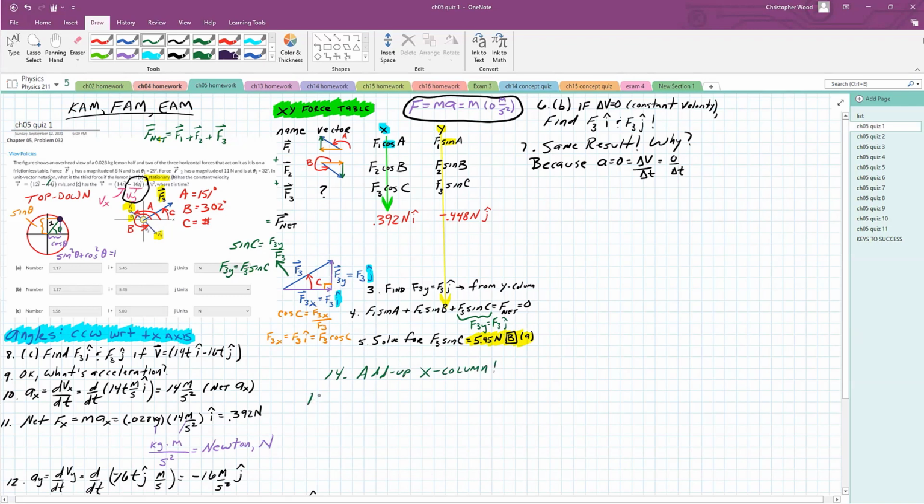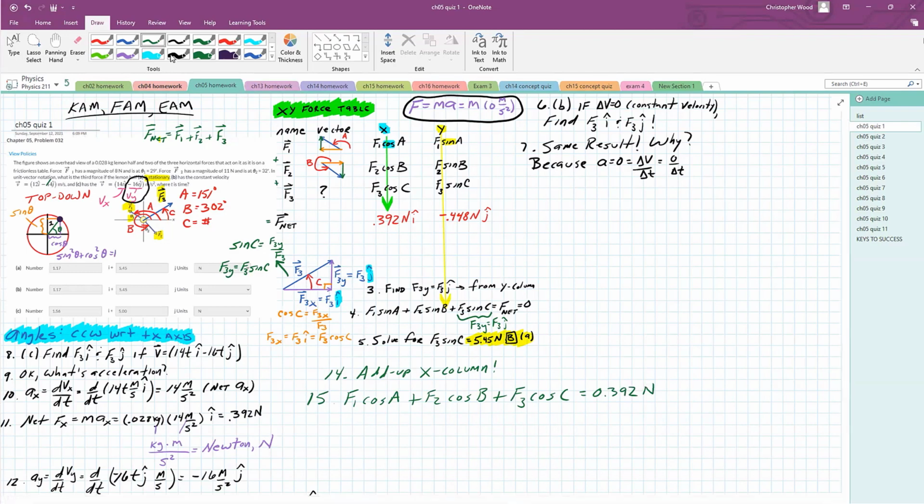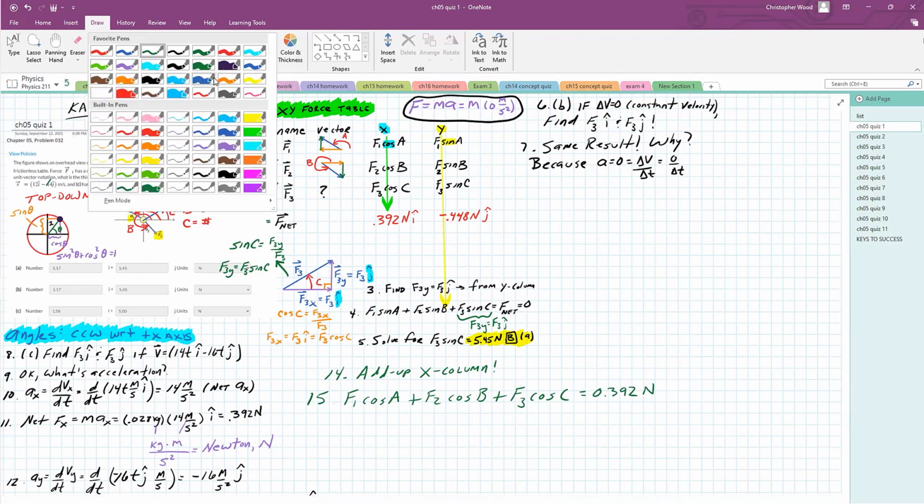Here's what I get: F1 cosine A plus F2 cosine B plus F3 cosine C equals 0.392 newtons. And this is what you're solving for. You are solving for F3 cos C right here.